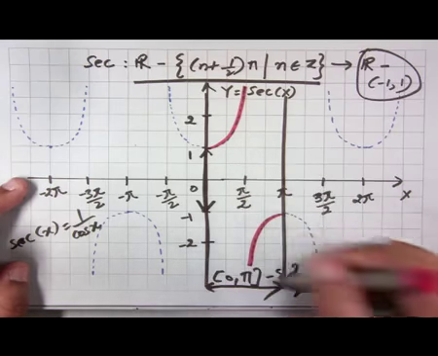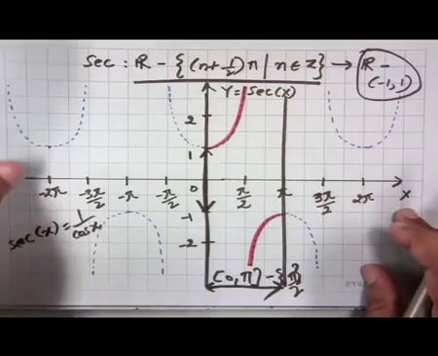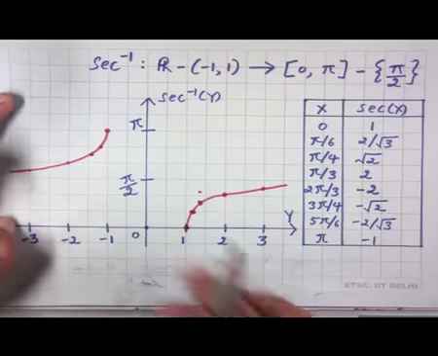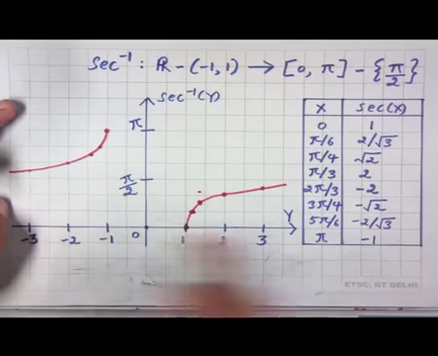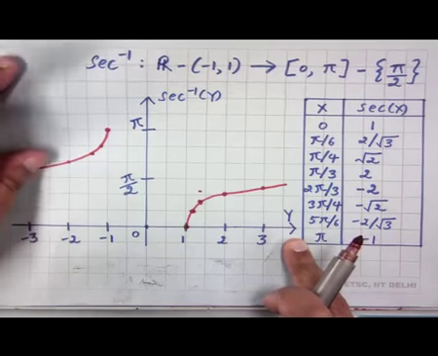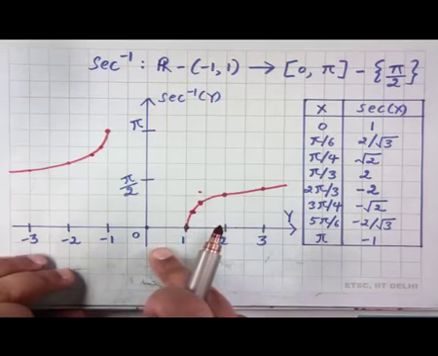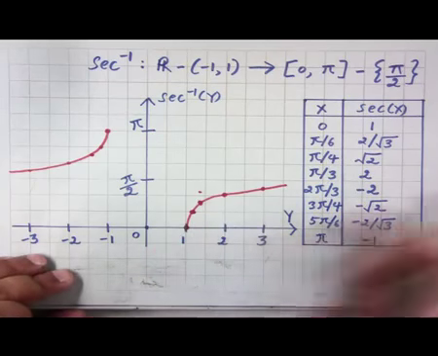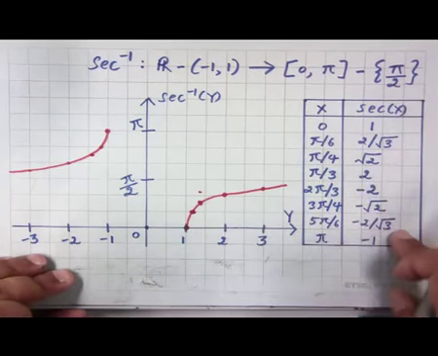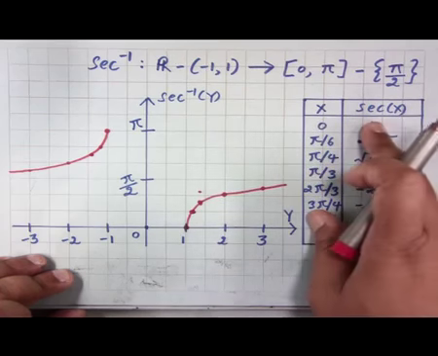Therefore, by this restriction we can meaningfully define the inverse of the secant function, which I am defining here. On this graph we have y on the horizontal axis, and secant inverse is plotted on the vertical axis, and we are again going to make use of the table of values for x versus secant x.